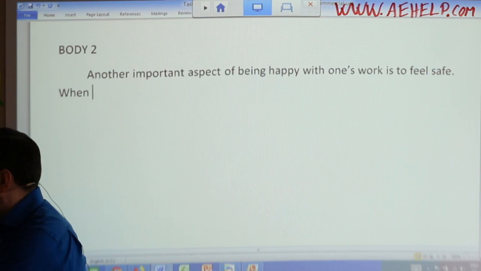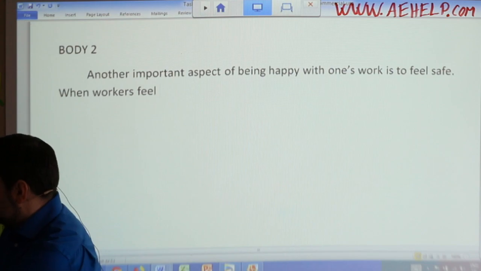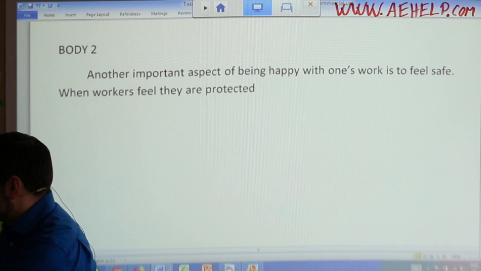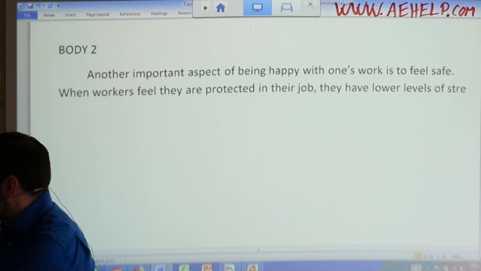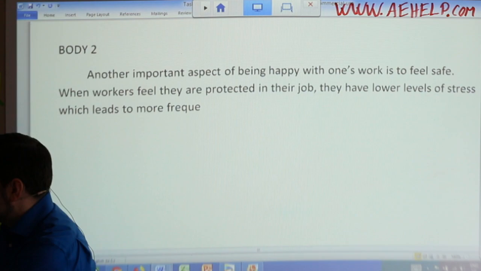So when workers feel they are protected in their job, they have lower levels of stress, which leads to more frequent positive mood.